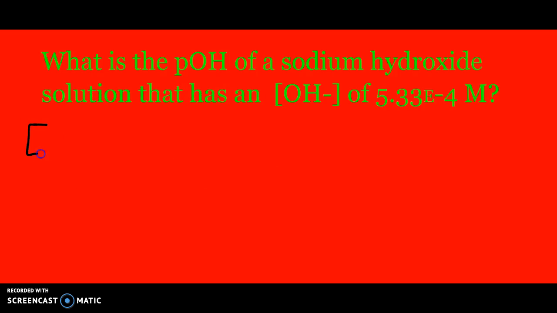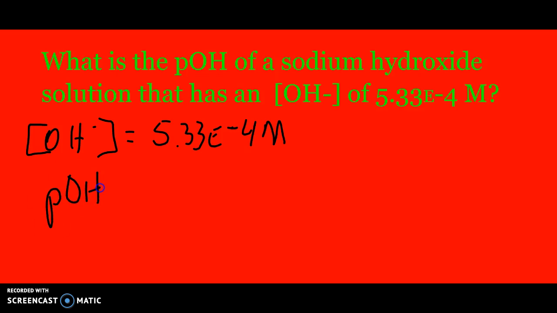All right, our hydroxide ion concentration is 5.33 times 10 to the minus 4th molar. And we want to know what is the pOH.